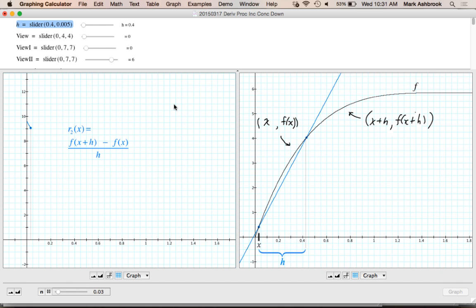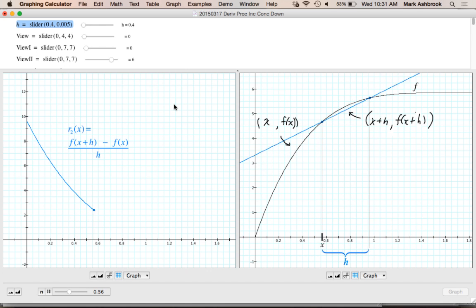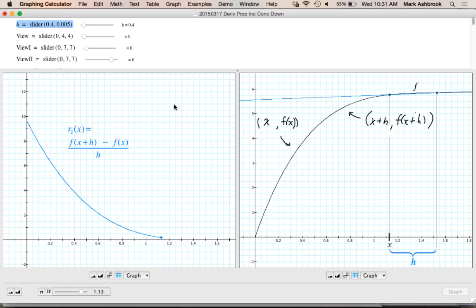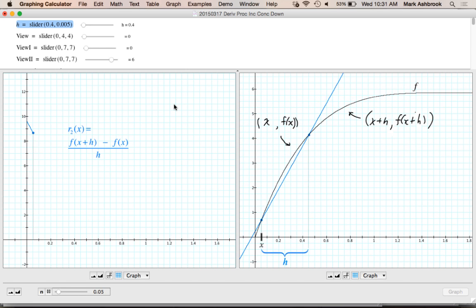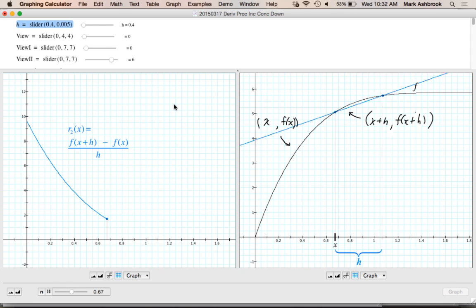You should have gotten change in y, f of x plus h minus f of x, over h. This is the new approximate rate function. It's still the same as the old one when x hits the beginning of every interval, but now it's different inside the interval. Okay, written quiz Friday.